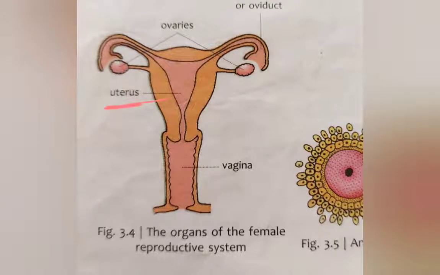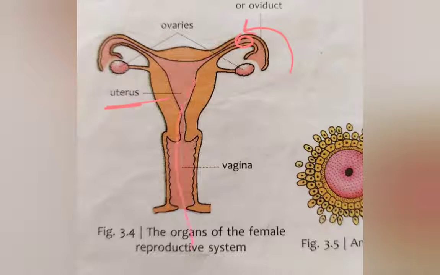Now, talking about the uterus. It lies in the lower abdomen, behind and above the urinary bladder. The uterus is a hollow, muscular, pear-shaped organ. It is hollow, since you can see nothing is inside it. It is in the uterus that the zygote develops into a baby. As I said, the fertilization between the sperm and the ovum takes place within the fallopian tube, where the ovum is waiting for the sperm to come.